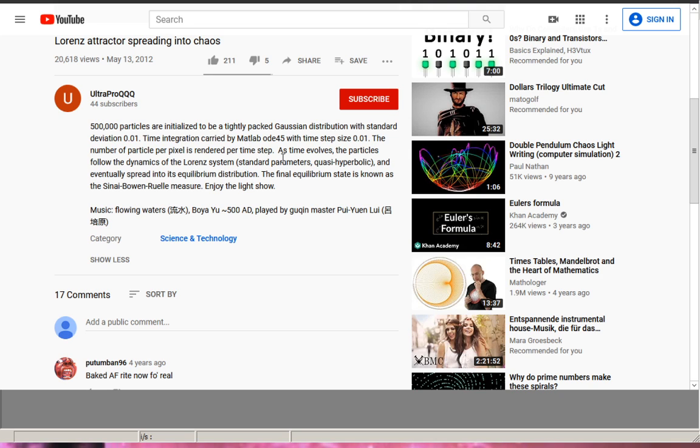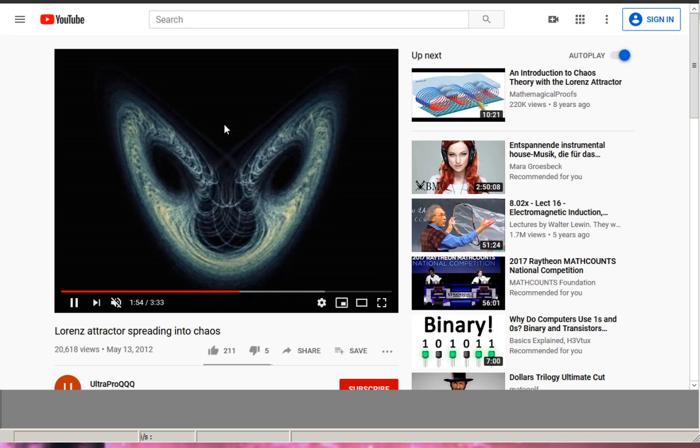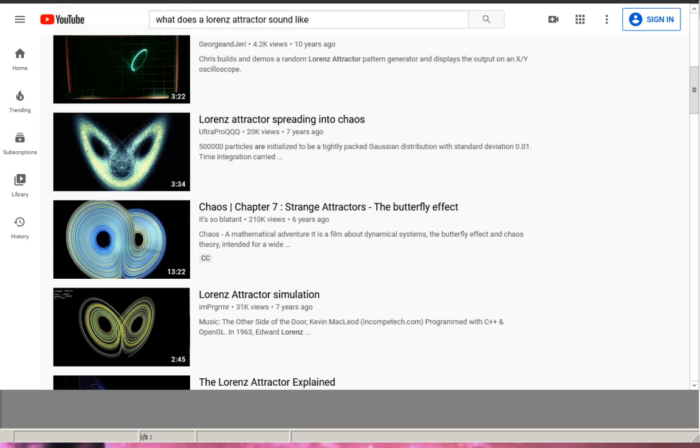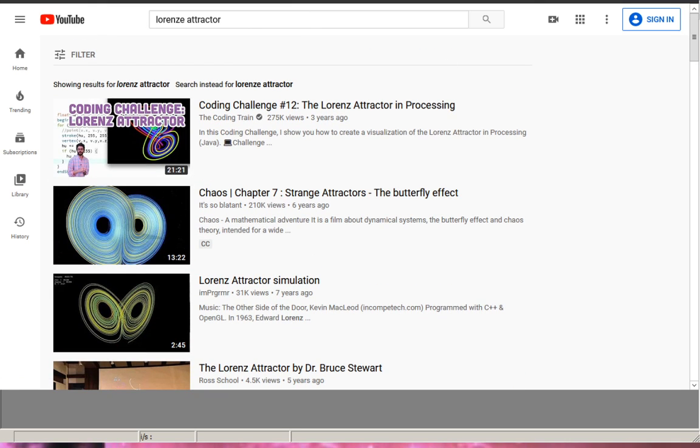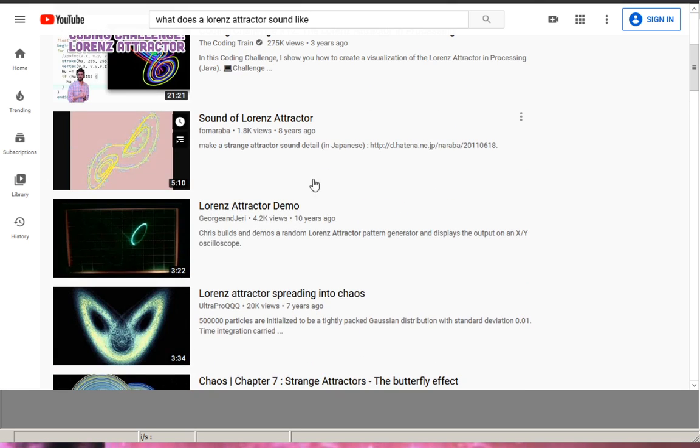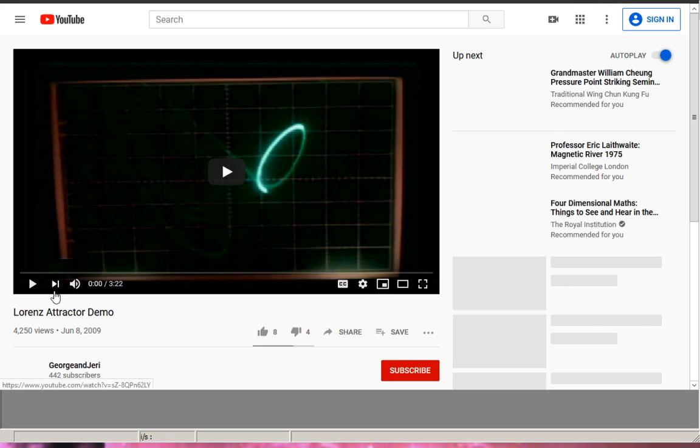Time integration carried by MATLAB. A smiling alien face. I just want to look at these other ones. See what's on here.